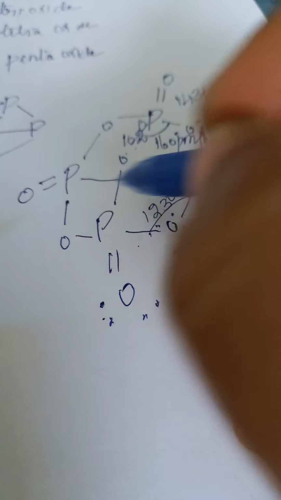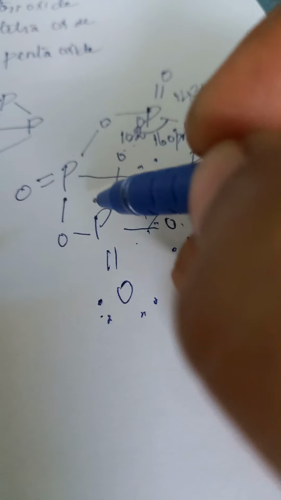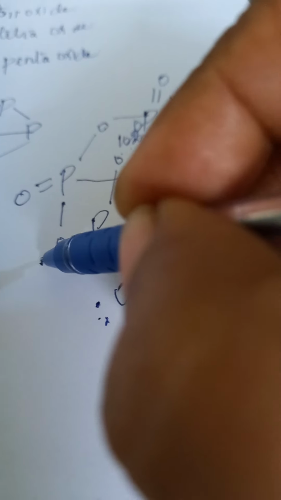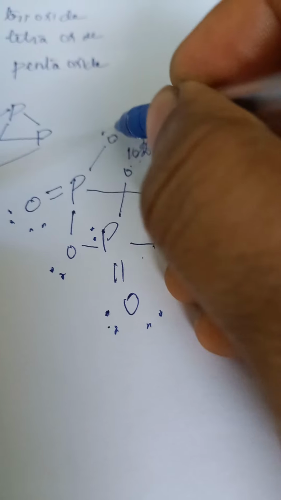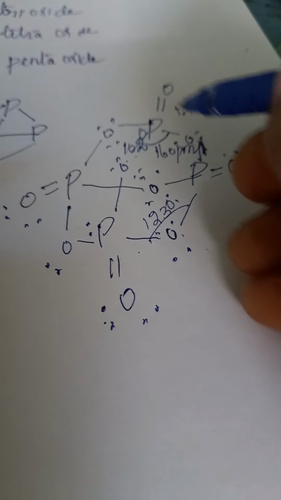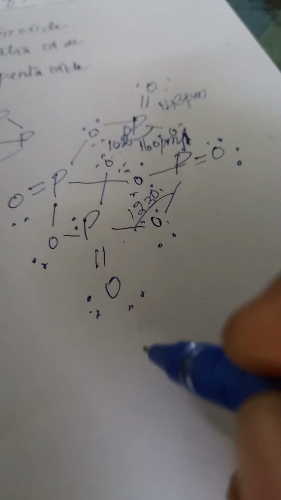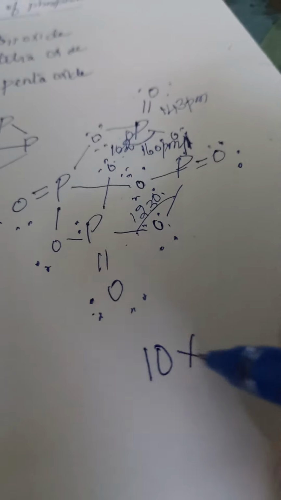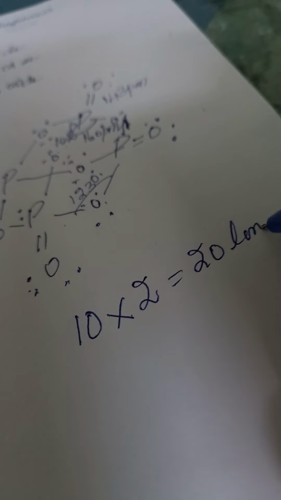The other oxygens also have 2 bonds, so each has 2 lone pairs. So totally 10 oxygen atoms, each having 2 lone pairs, so 20 lone pairs.